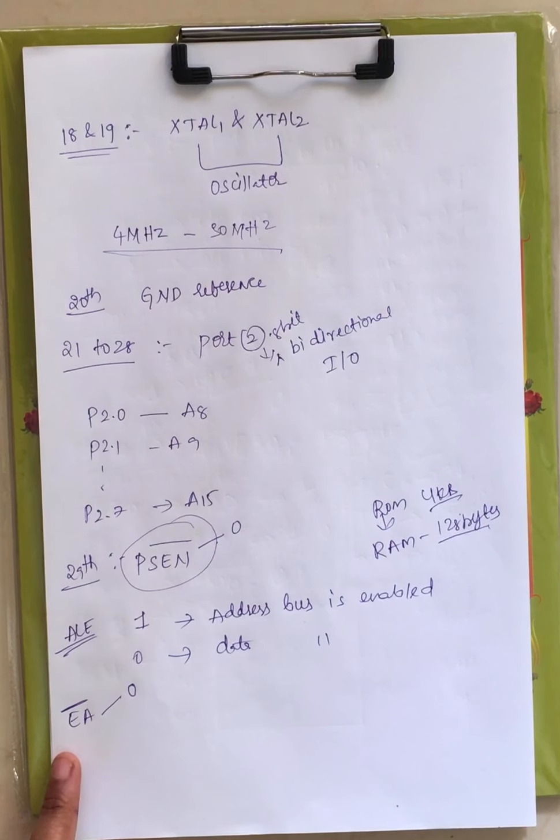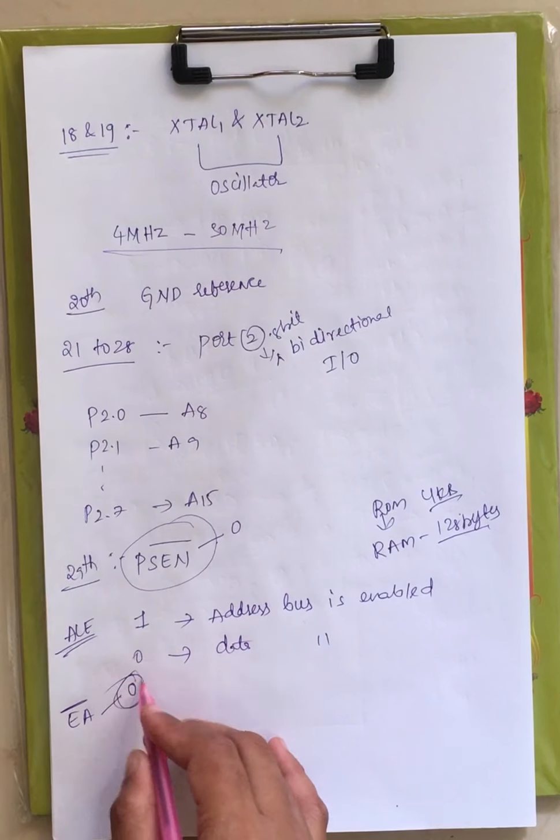EA stands for external access and this operates for logic 0, right? It is used to enable external memory interfacing. For a particular application, if the memory is not sufficient, we have to interface external RAM memory or ROM memory depending on the requirement. When we want to interface an external RAM memory and ROM memory, you have to set this pin.